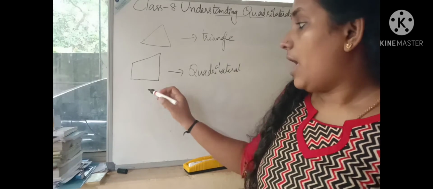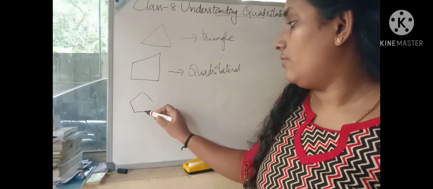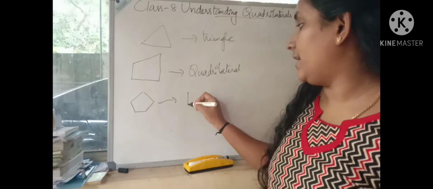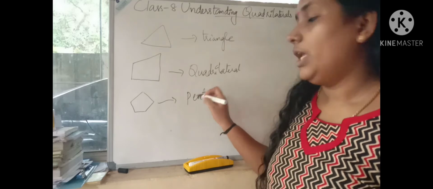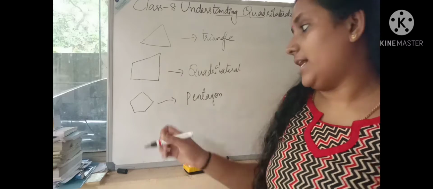Okay, and a polygon having five sides is called a pentagon. If a polygon has six sides, that is called a hexagon.